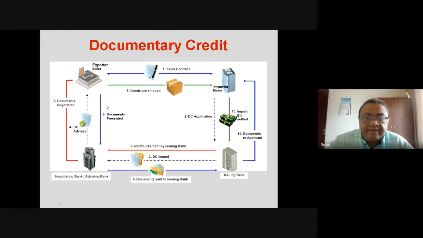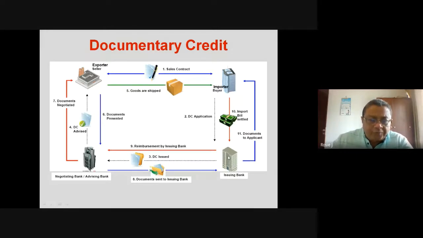Normally under an LC, he has to ship, send the documents here, and then get the money. But now he has a problem. He can't do this. He doesn't have money to pack and take it to Colombo to load it.